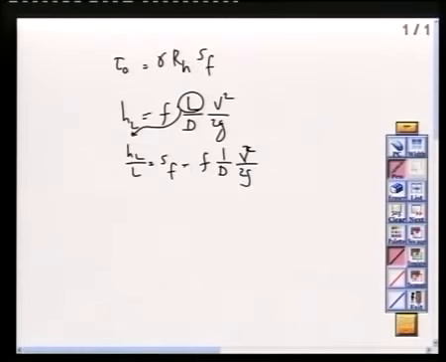And for example, you can say tau 0 equals gamma. Instead of SF, you can say F over D, like that. And then you have now a relationship.